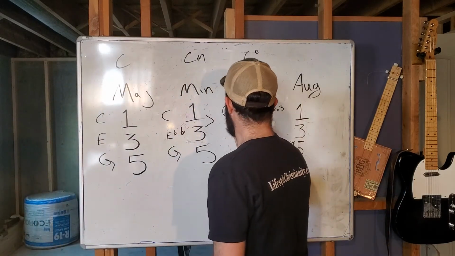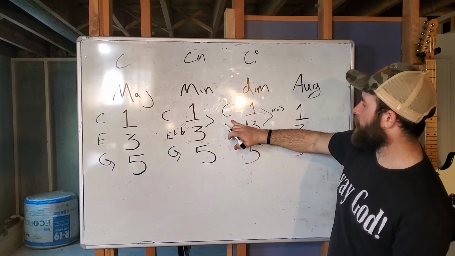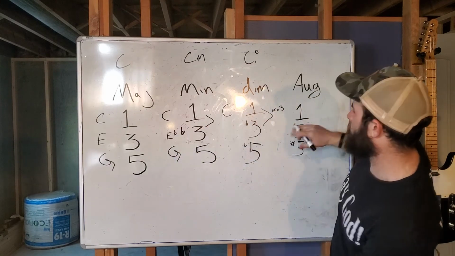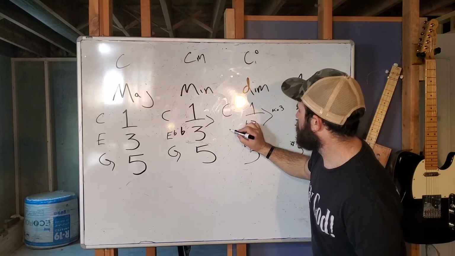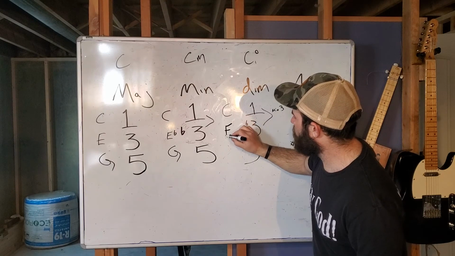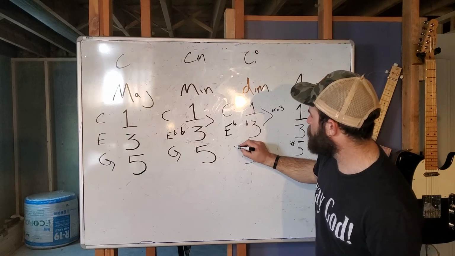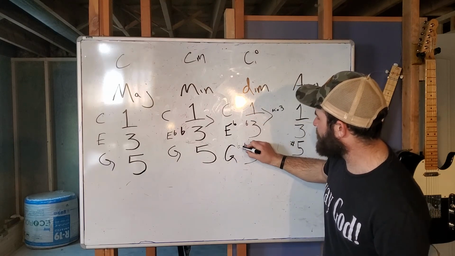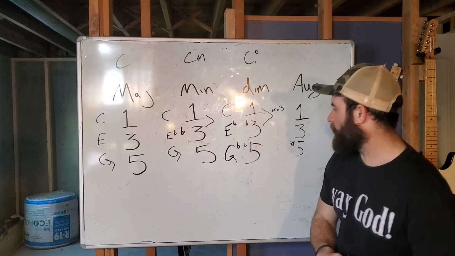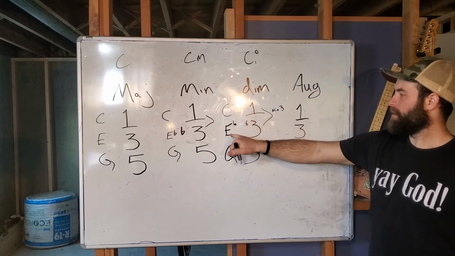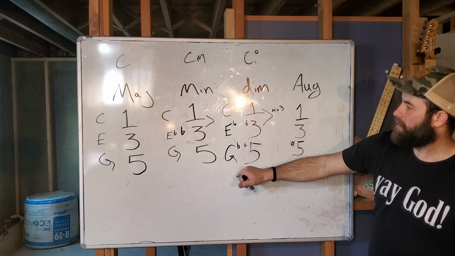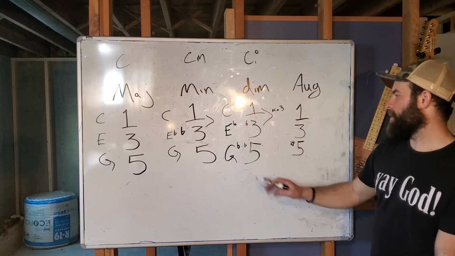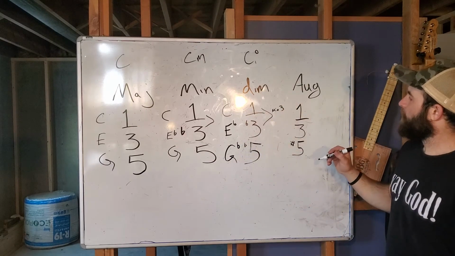Then we're going to write C. The root stays the same. E flat, G flat. C, E flat, G flat. Cool. That's a diminished chord. Sounds kind of interesting.